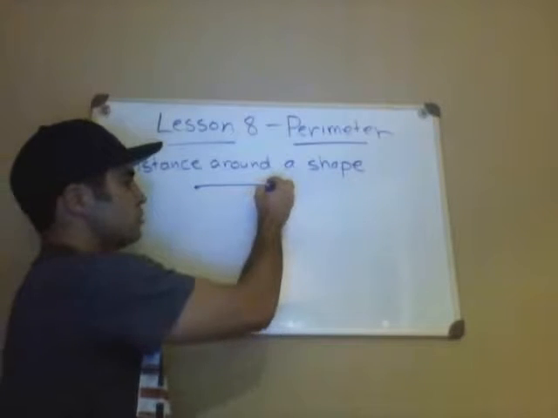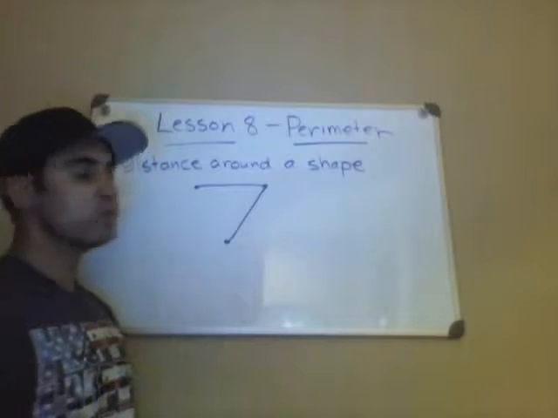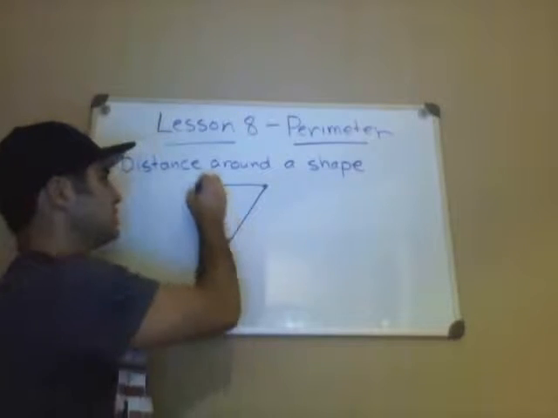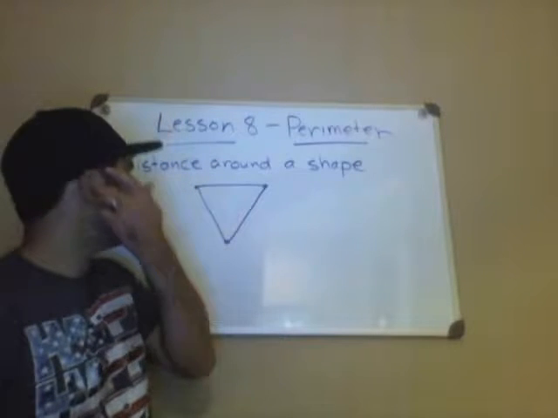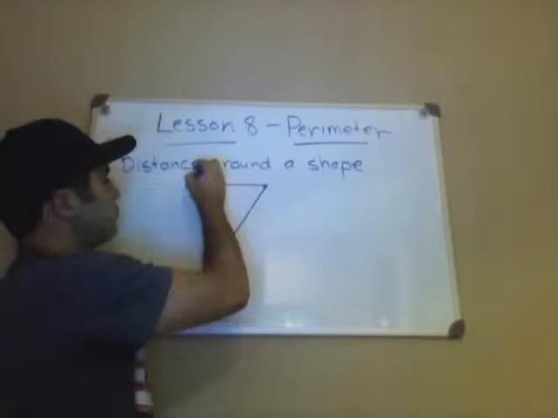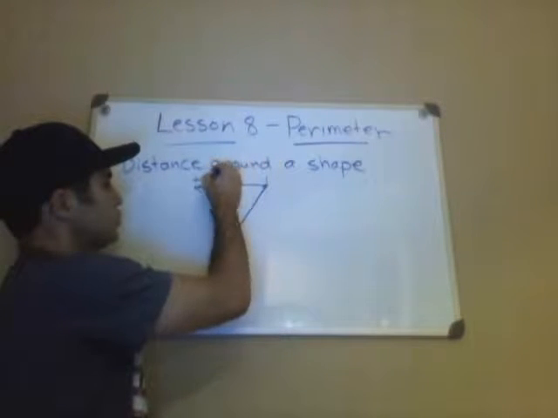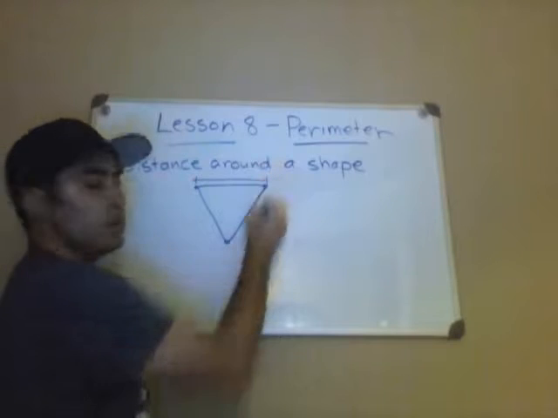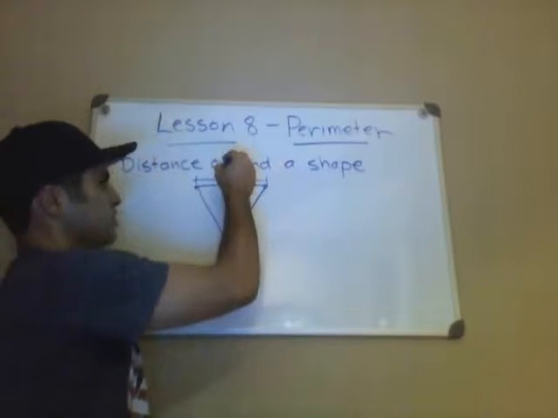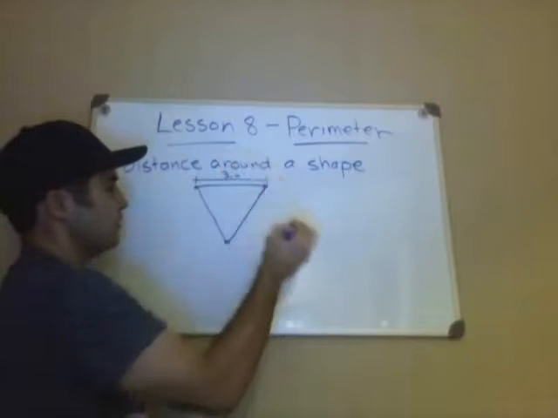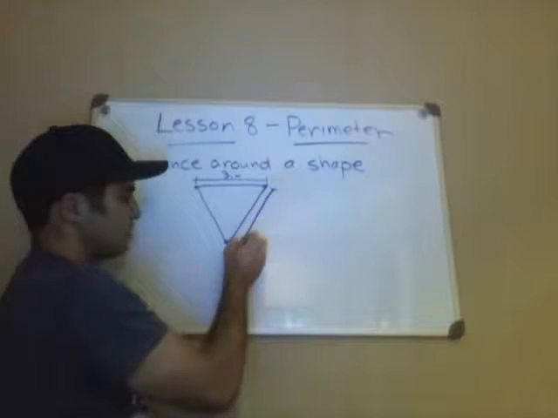Let's say this is a triangle. There's another line segment. And how many line segments are in a triangle? 3 line segments. So if we are trying to find the perimeter of this triangle, we would measure from this segment to this segment. Say it was 3 inches, and then we would measure from this endpoint to this endpoint.